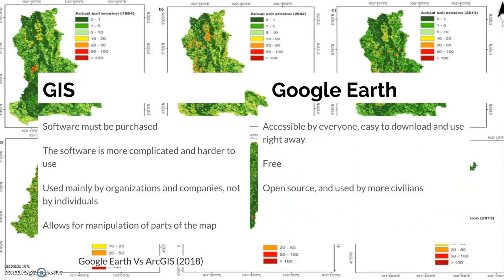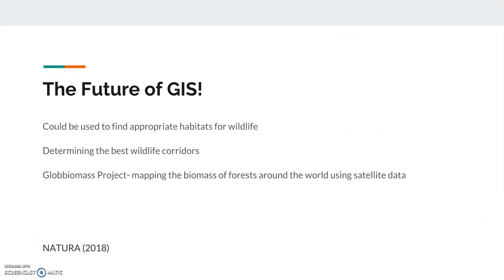Google Earth, on the other hand, is accessible by everyone. It's easy to download, easy to use right away. It's free, it's open source. It's used by a lot more civilians and individuals as compared to GIS, but it doesn't have quite as much functionality as GIS does. So there are also some drawbacks to using Google Earth.